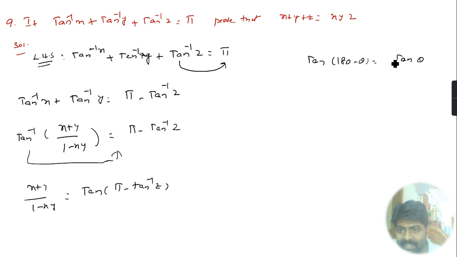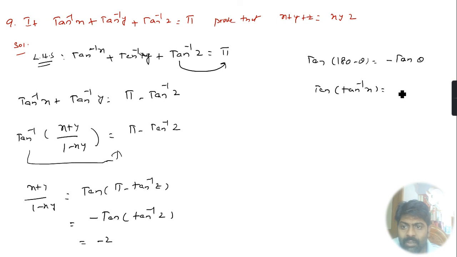We have a tan, so we have a negative sign. Therefore it can be written as minus tan of tan inverse z. Tan and tan inverse will be cancelled, and we get minus z. That is nothing but tan of tan inverse of x, that value is equal to x. So these are the basic formulas.